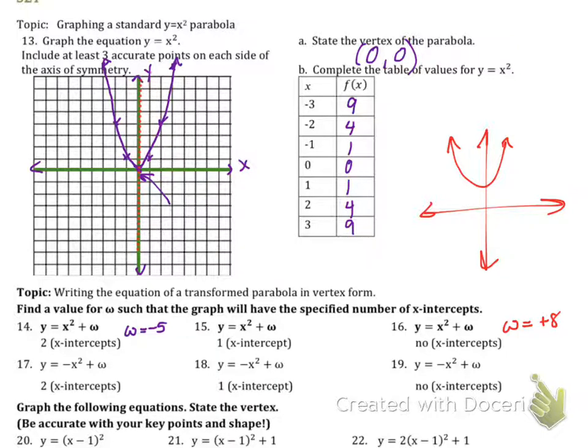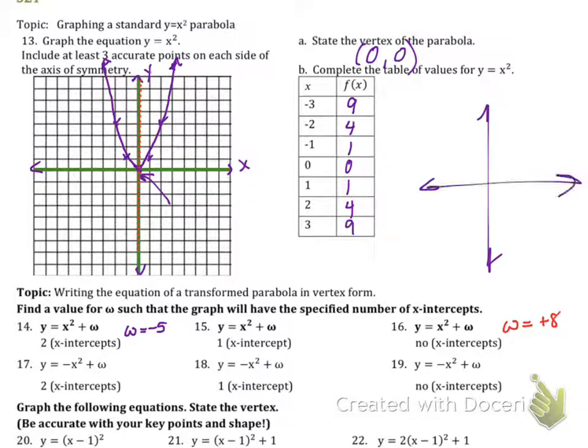For numbers 17 through 19, now it's a -x². And as we've been talking about, that negative is going to take the graph and flip it upside down. So we have our x and y coordinate plane, and we have our -x². If I wanted this to have two intercepts, I would have to have it move up.